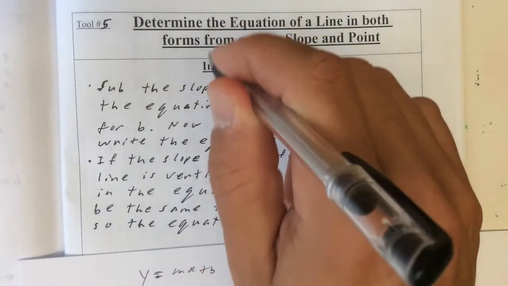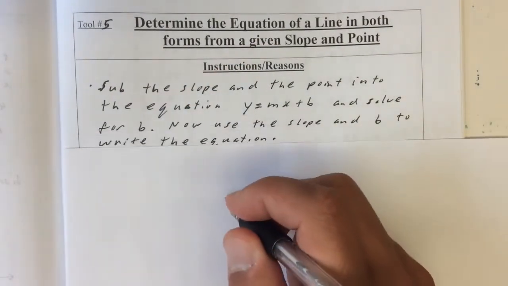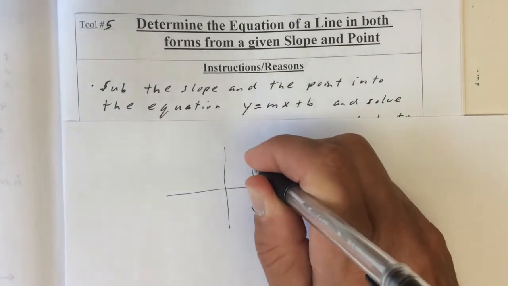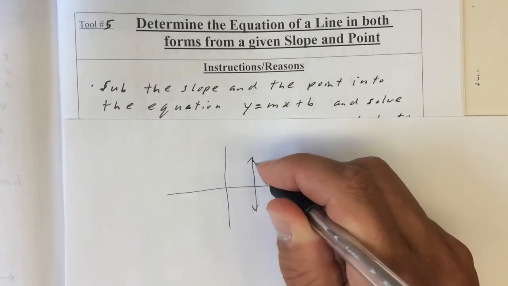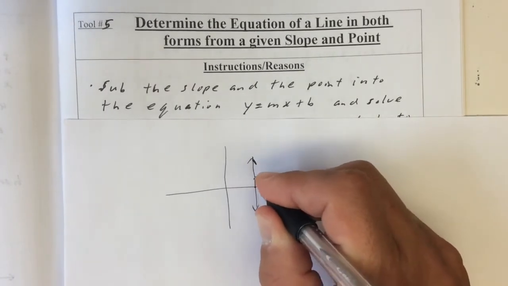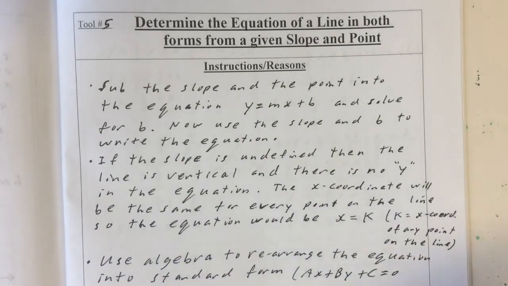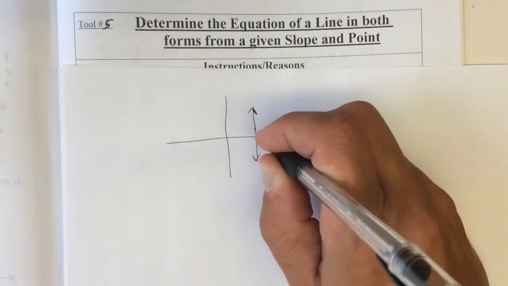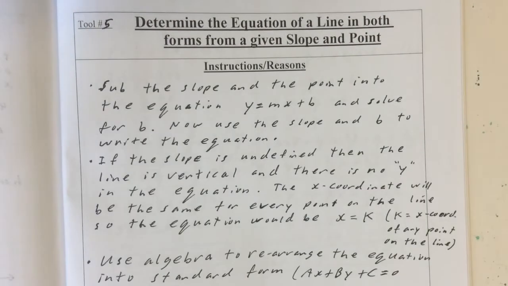So if it's straight up and down, the x-coordinates don't change, right? So if you have a graph, it looks like this, and here's the line, that's an infinite slope, or an undefined slope, so the x-coordinates don't change. So basically you're just going to write for that one, if that x-coordinate is k, or 4, or whatever, the equation of that line is x equals k. All right?